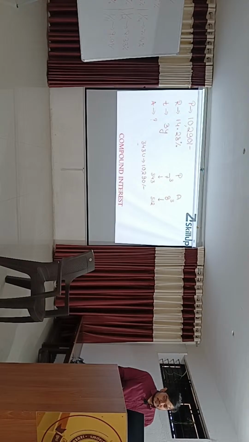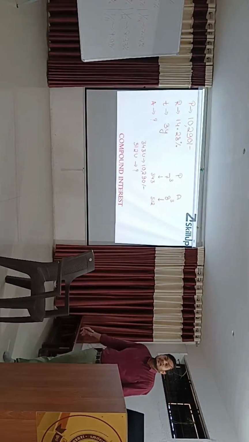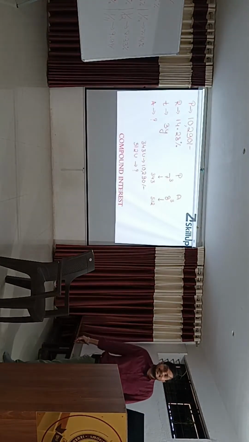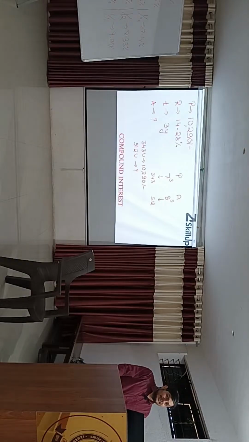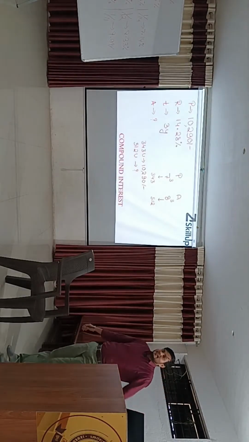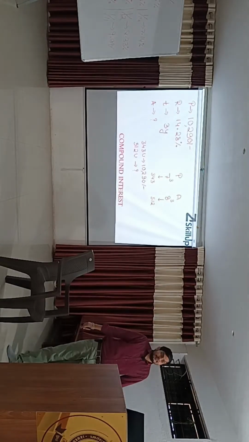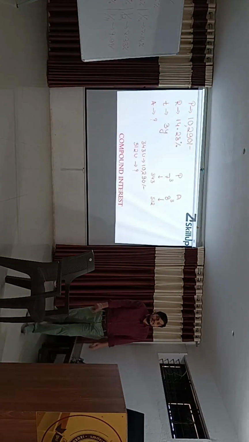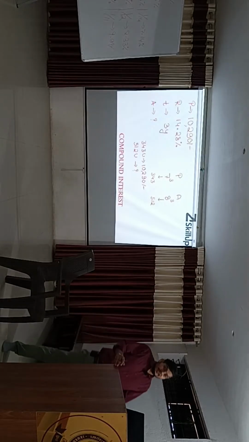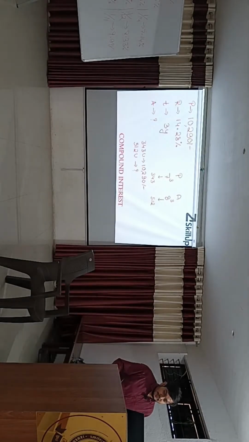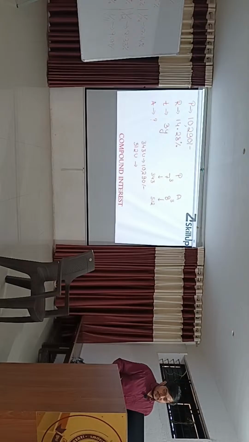So how much will 512 units be? 10,290 divided by 343 into 512. So it will be 15,360.